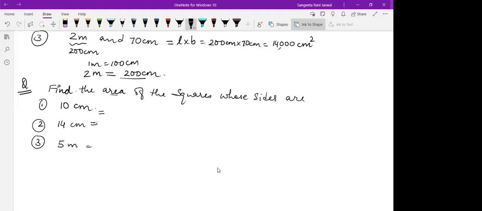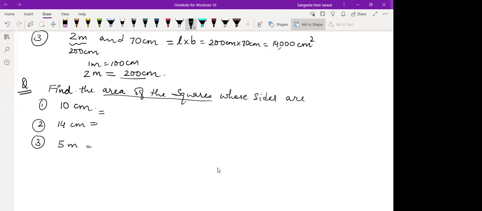This is area of a square. In a square you have all sides equal. Okay, beta. Yes, Neha, tell me the first one.